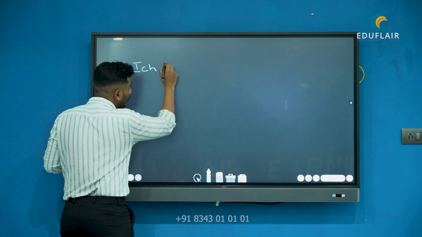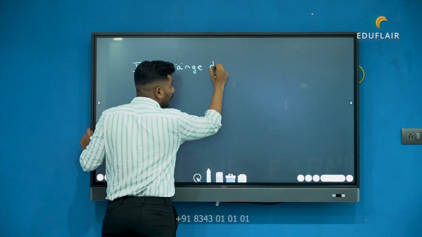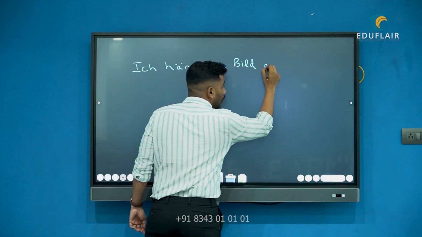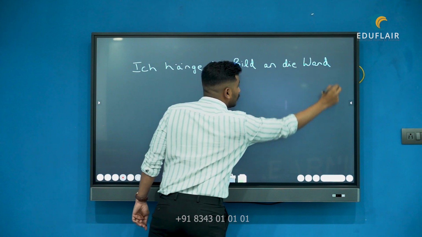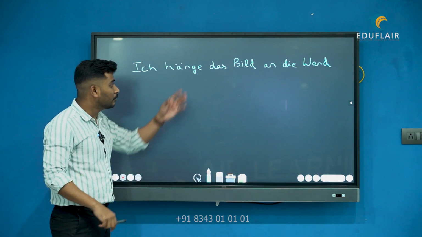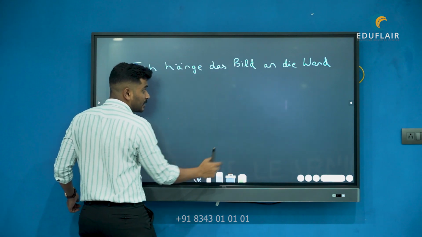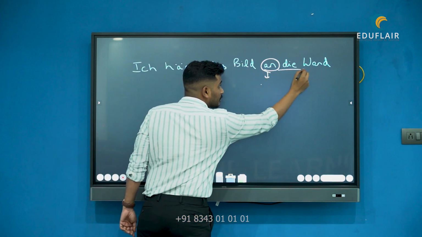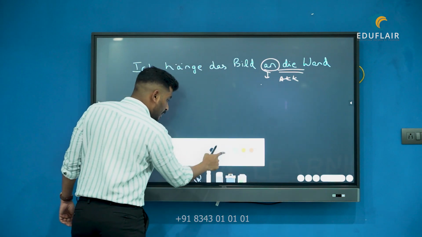Ich hänge das Bild an die Wand. Hänge is the conjugated form of hängen, which means to hang. Bild means picture, Wand means wall. Here the preposition we have is an. Motion is there, so the case is accusative.